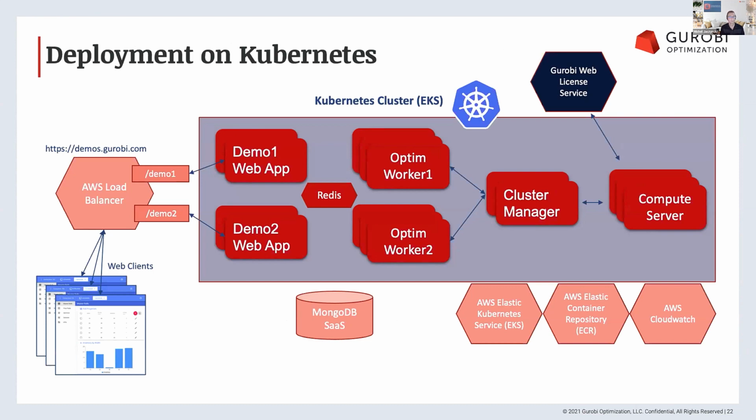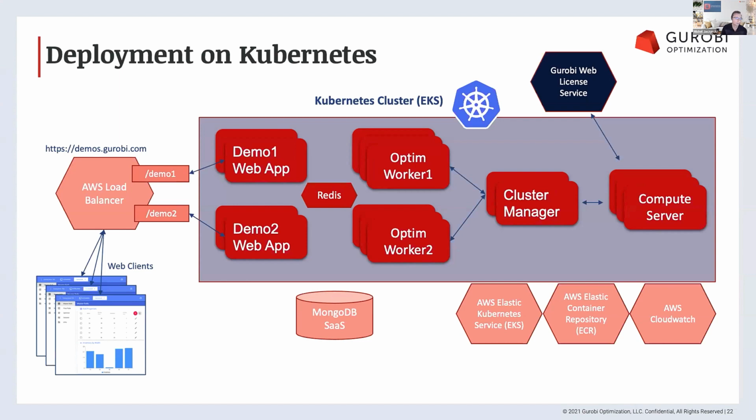You also have the optimization workers that are using the Gurobi Python API to build a model and submit the model to the cluster manager, and the compute servers will execute the optimization. The compute servers are entitled and use the Gurobi web license service to enable the use of Gurobi inside those containers. So how does it work?